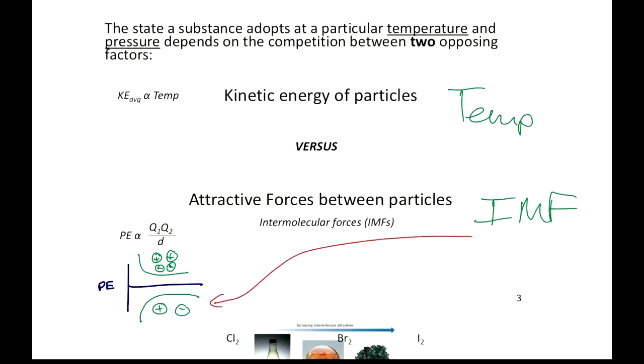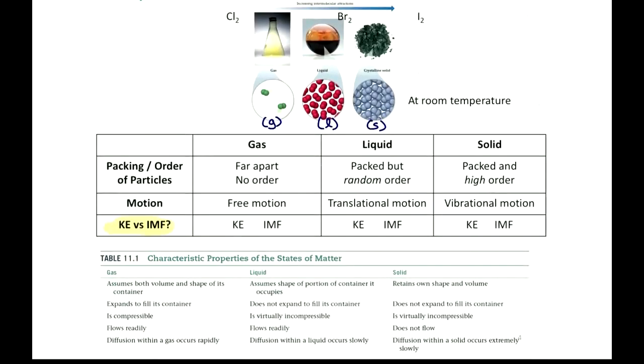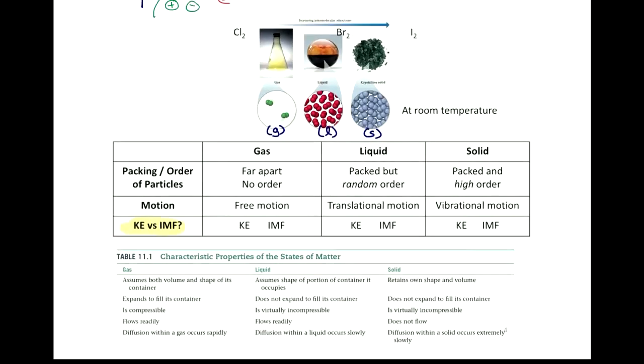Keep those two things in mind: temperature and particle attractions. That dictates a lot of the properties we see. A really great example of intermolecular forces dictating properties is the halogen gases: chlorine, bromine, and iodine, Cl2, Br2, I2.